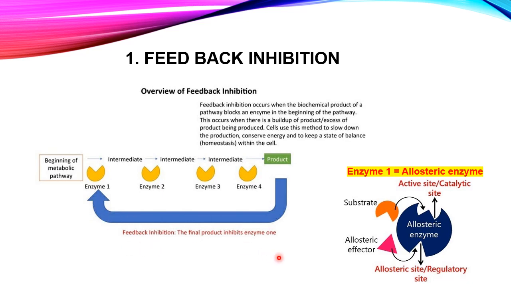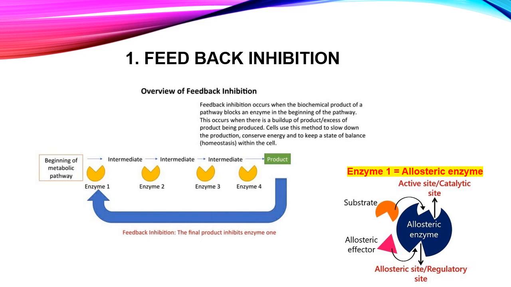So what's happening when it is an allosteric enzyme? The end product of a biochemical pathway is acting as an allosteric effector, which is binding to the enzyme substrate complex at the regulatory site and rendering this entire enzyme complex inactive.